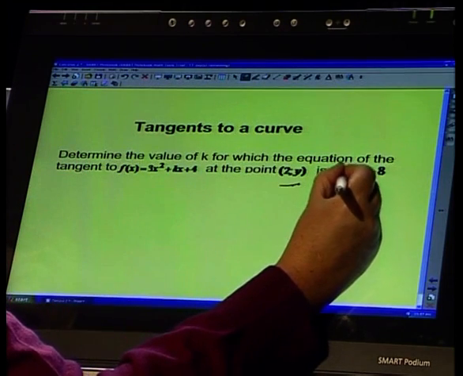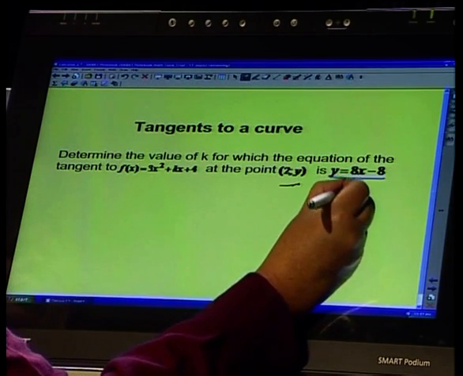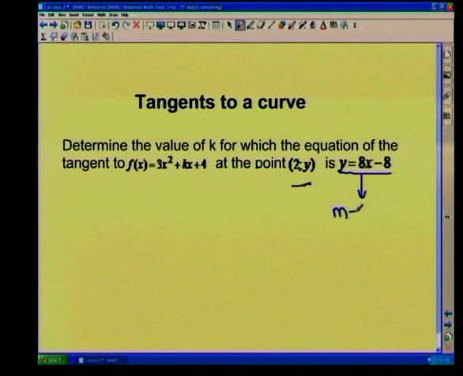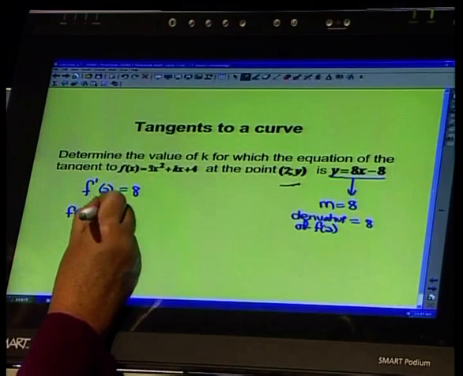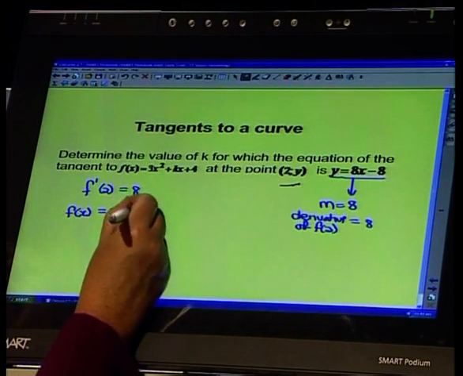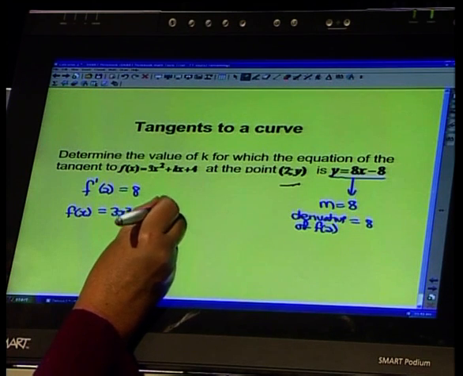They've told me the equation of the tangent is this. In other words, they've told me that my gradient is 8. In other words, the derivative of f at 2 is 8, or in simple notation, f dashed of 2 equals 8. So what we have to do now is find f dashed. Let's start first of all with what we knew. We knew that f of x is equal to 3x squared plus kx plus 4.